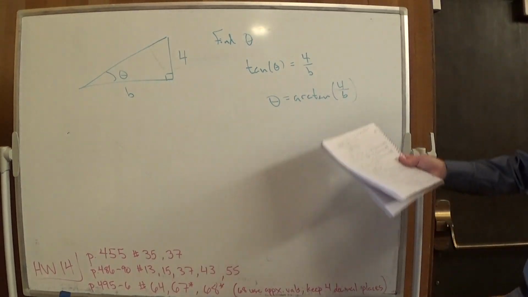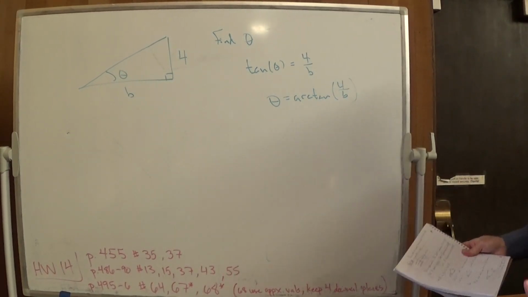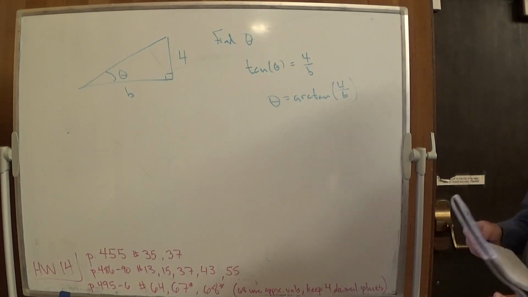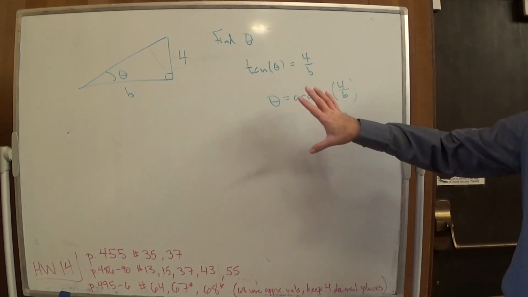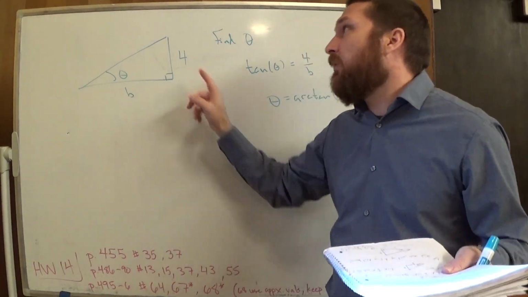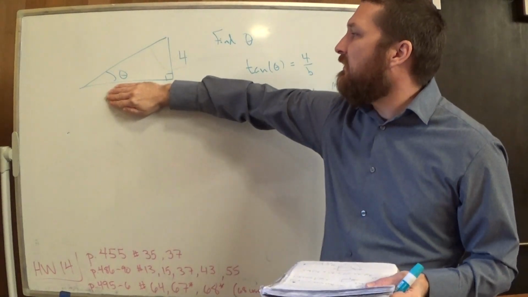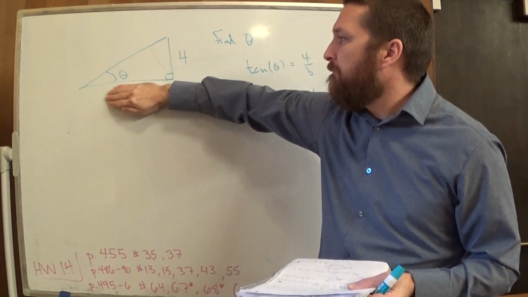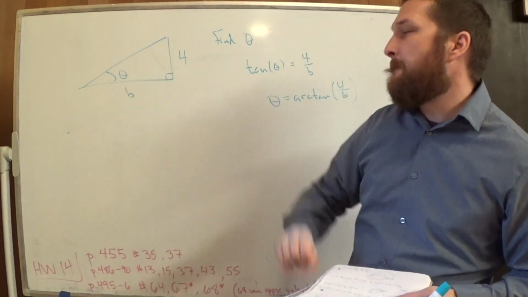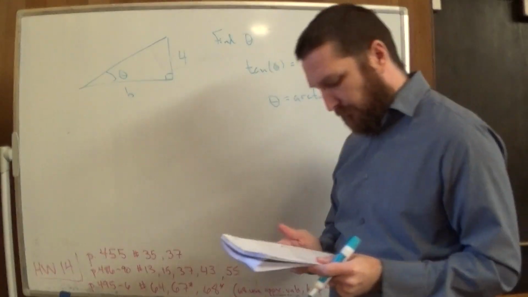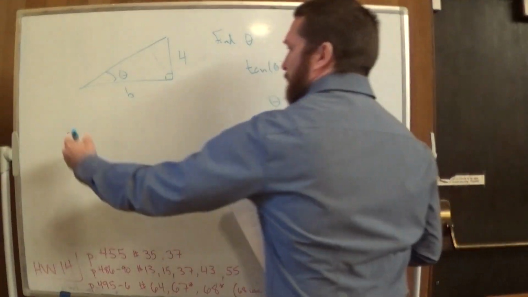Oh, what if b is 2? Oh no, then it's bigger than 1. Who cares? It's arctan. Arctan can handle it, right? So that's the idea. But if this is the thing you're trying to find, you would need b, right? But what if your problem looked like this?